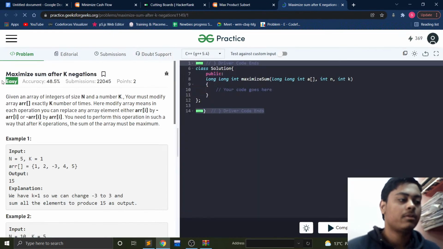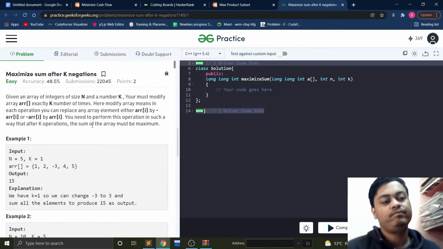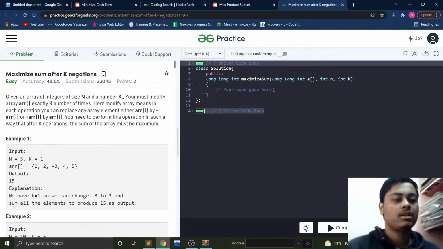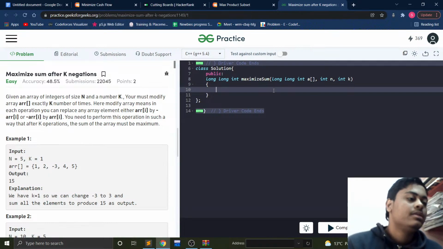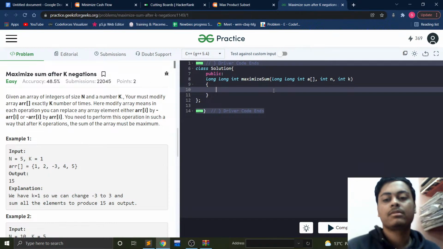This is an easy problem, so I guess I should do it without any major silly mistakes. Given an array of integers of size n and the number k, you must modify the array exactly k number of times.